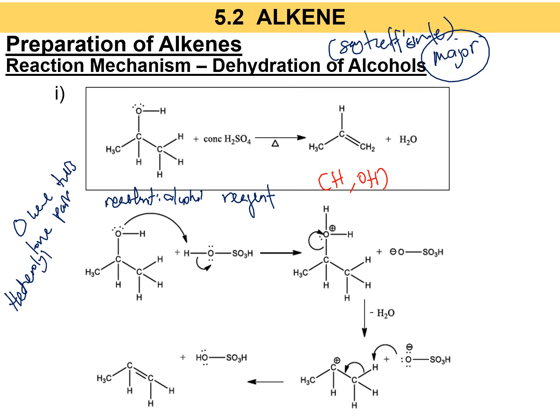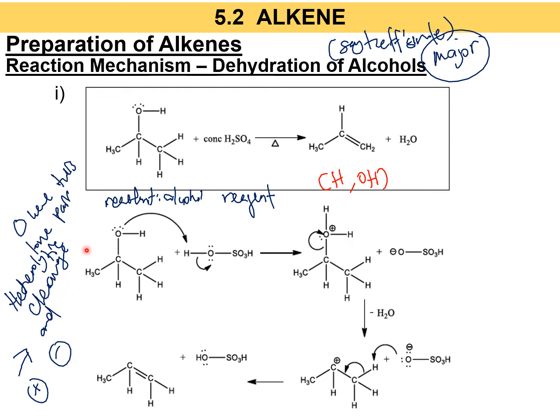So bila heterolytic cleavage, you kena remember you need to use a double-headed arrow, and also product yang you akan dapat ialah cation dan juga anion negatif. Itulah apa yang berlaku bila you buat heterolytic cleavage.